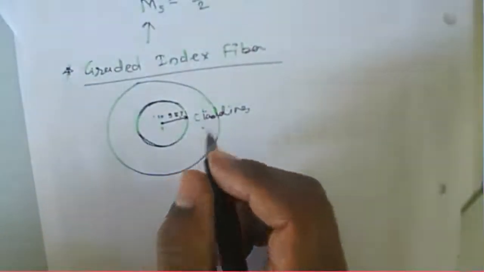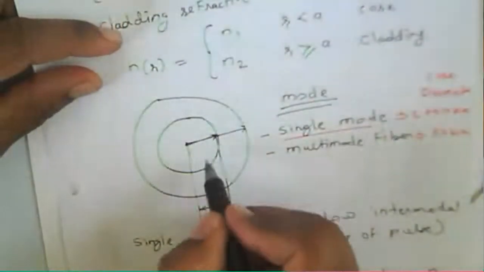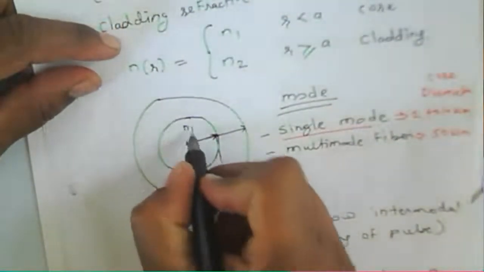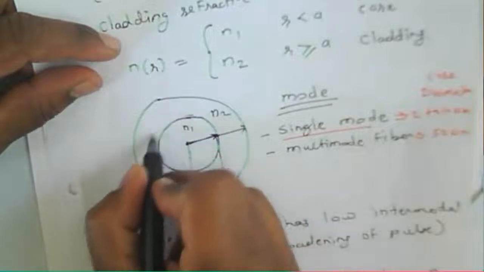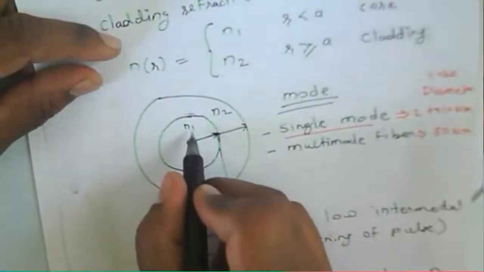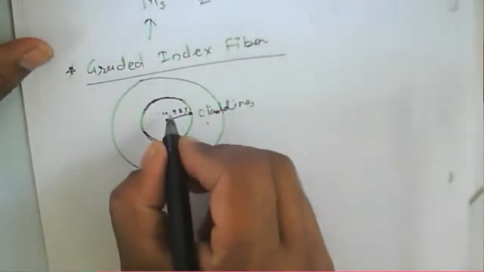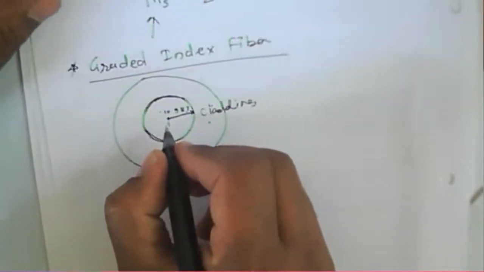So it doesn't have a constant refractive index, as compared to the step index fiber, where throughout the core it has a constant refractive index. But in the case of a graded index fiber, the refractive index changes.